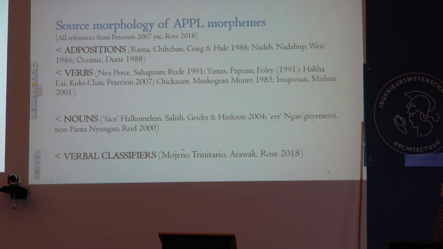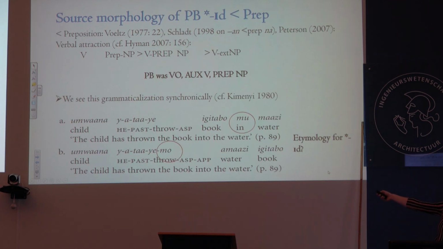So I'm just going to go through some facts about source morphology of affix morphemes in the languages of the world. We know from Peterson that they can arise from adpositions, they can arise from verbs, they can arise from nouns, although that is kind of controversial nowadays. And recently, Rose has shown that they can even arise from apparently verbal classifiers.